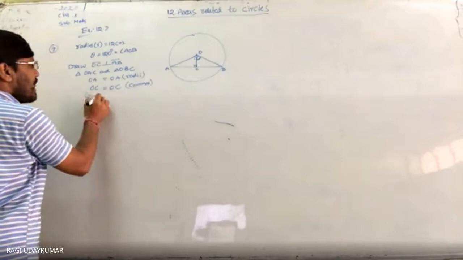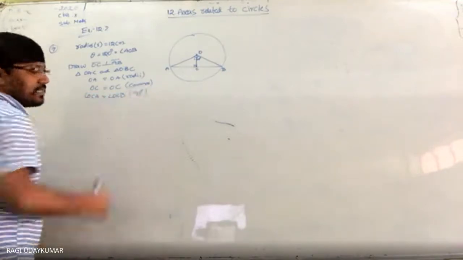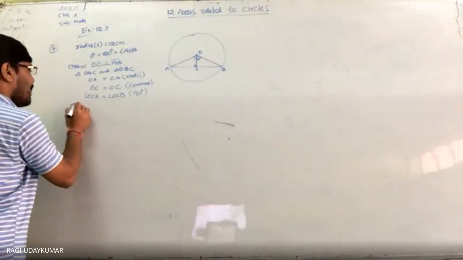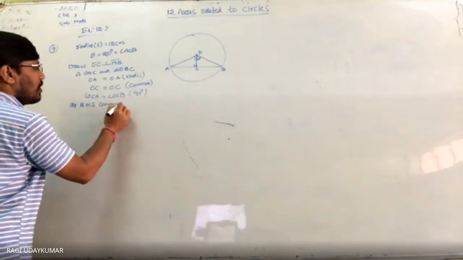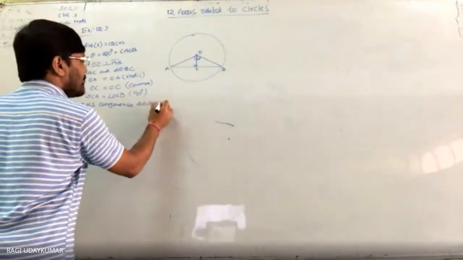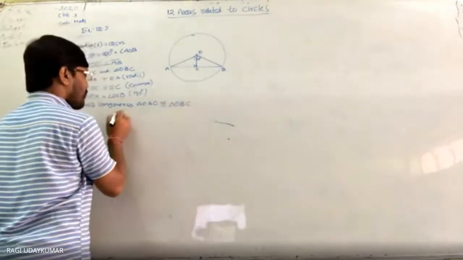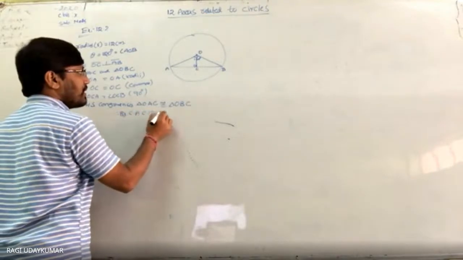Angle OCA is equal to angle OCB because both are 90 degrees. So by RHS congruency, triangle OAC is congruent to triangle OBC.